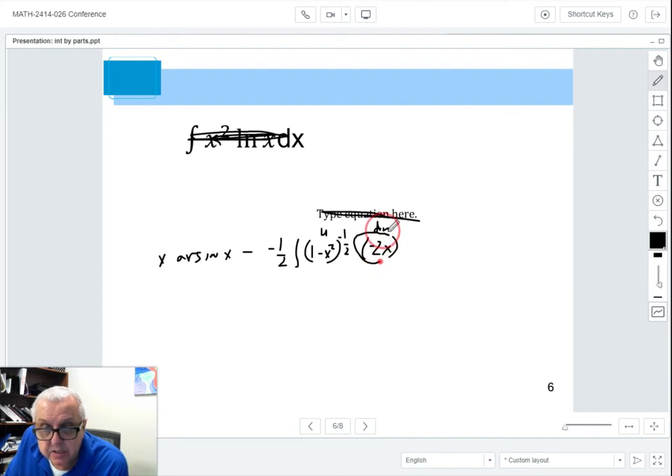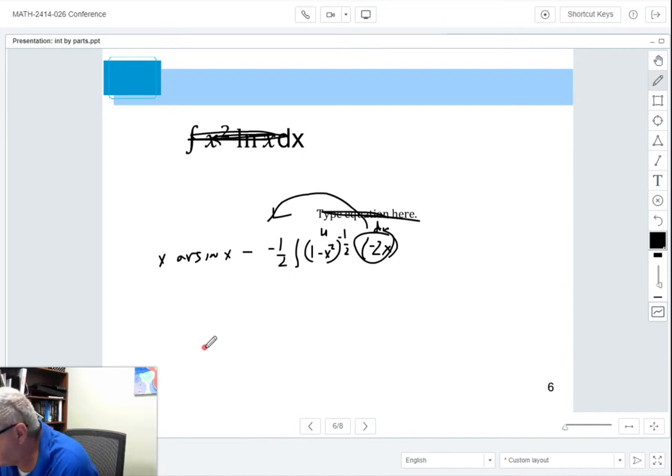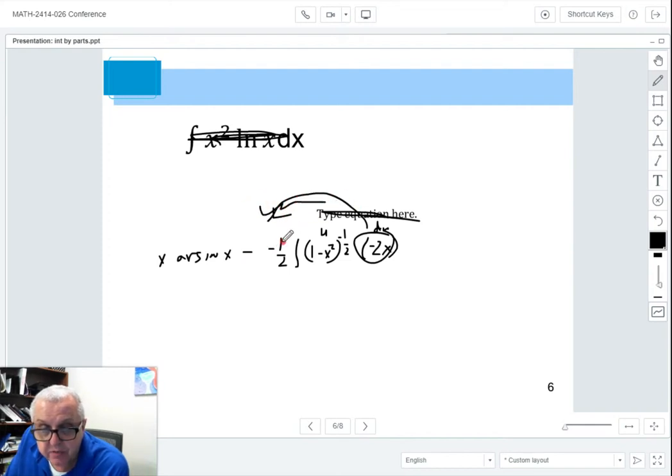If I bring this minus 2x out in front, well, that's the u and the du. By the way, when I don't bring the minus 2x out in front, that's why I have the 1x there. This minus minus changes to a plus.